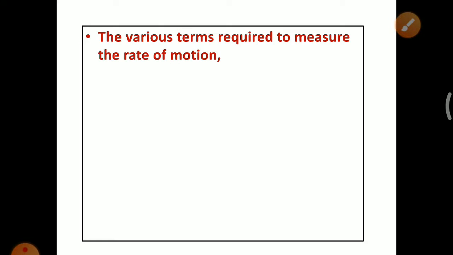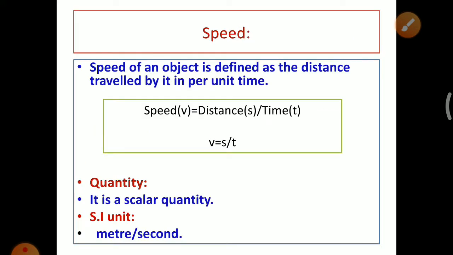The various terms required to measure the rate of motion are speed, velocity and acceleration. First we are going to see what is meant by speed. Speed of an object is defined as the distance traveled by it per unit time.